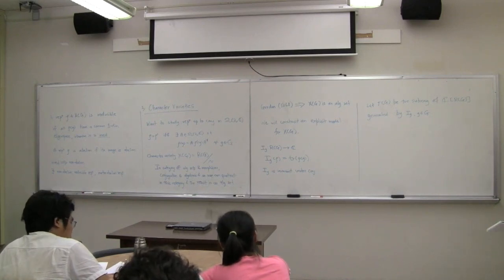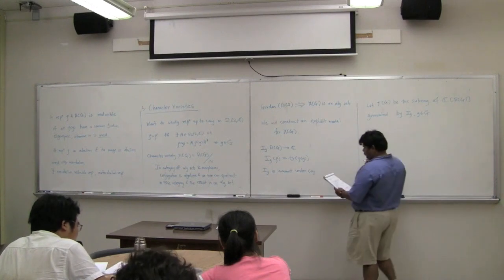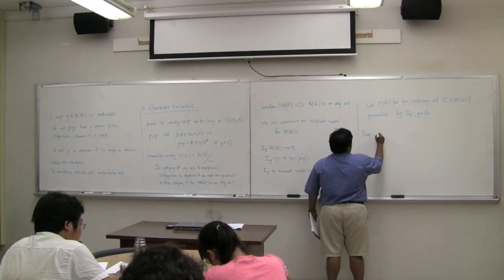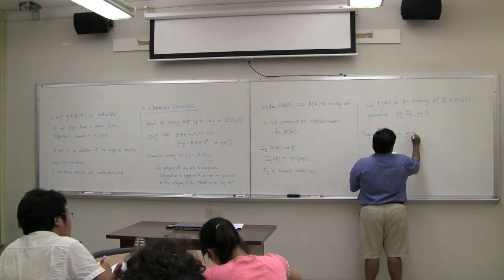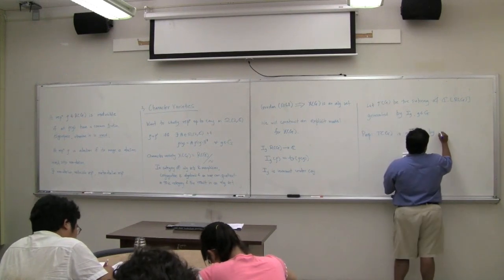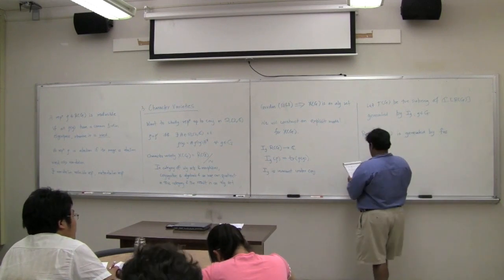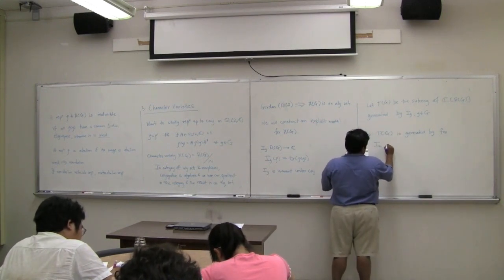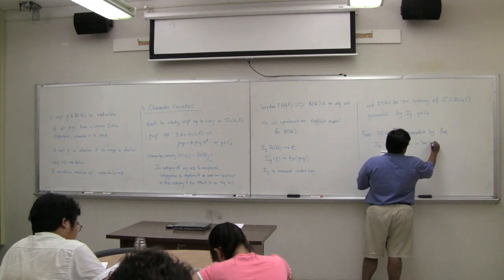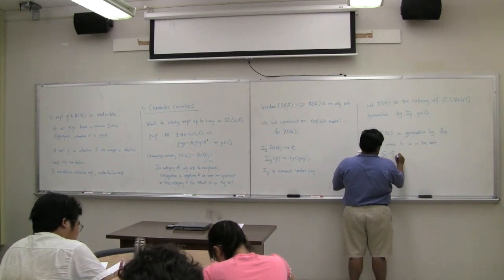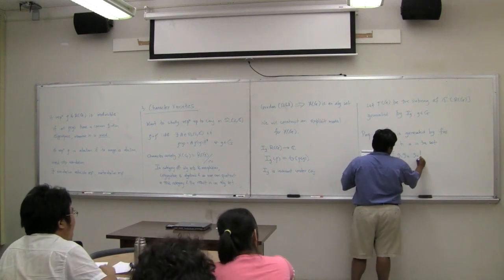First of all, it's not even clear whether it's finitely generated. So the next step is that T of G is generated by elements or functions I of H, where H is in the set of all products of the generators.